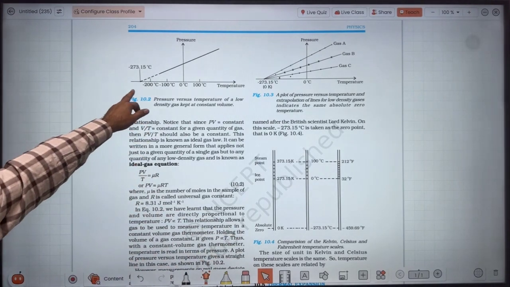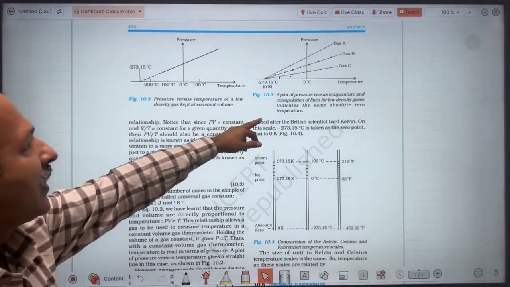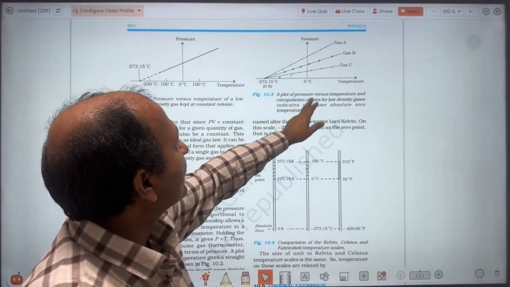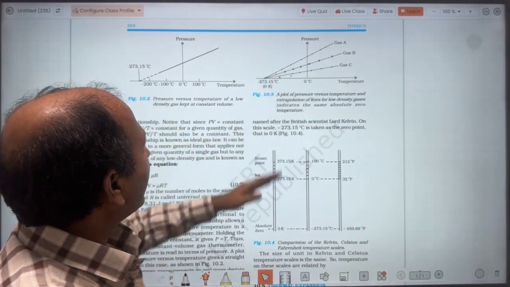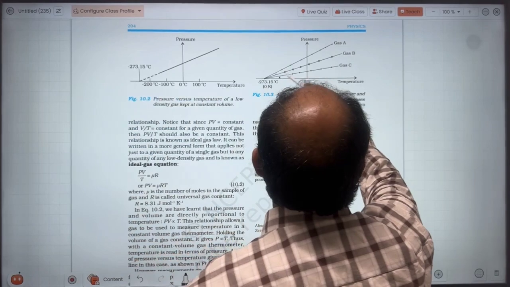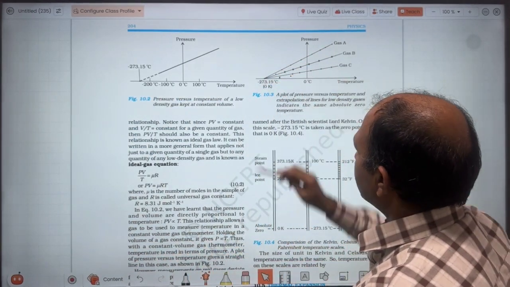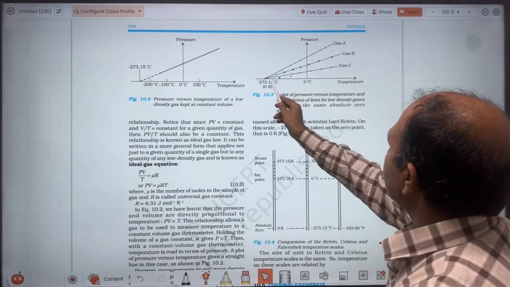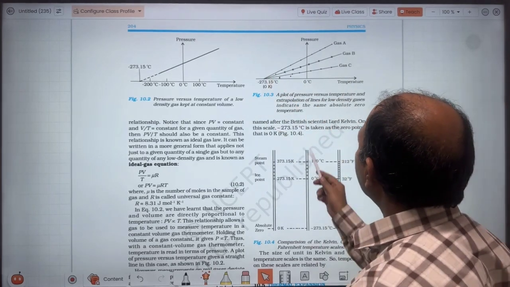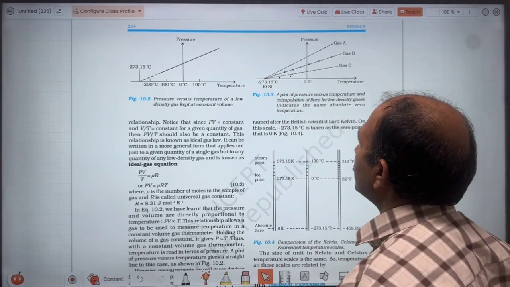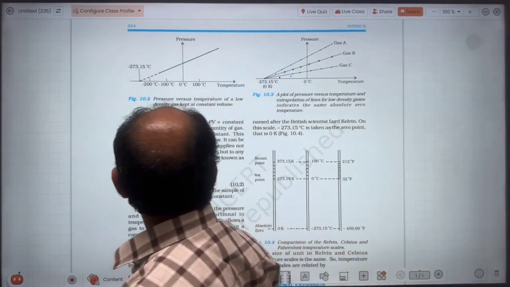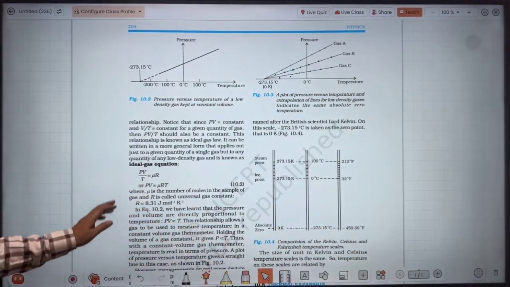So this is called absolute 0, correct? In a plot of pressure versus temperature, extrapolation means they practically reached to a certain extent, and after that, considering the tendency, they have extended the line. So that cuts the temperature axis at this point. So this temperature is called absolute 0.